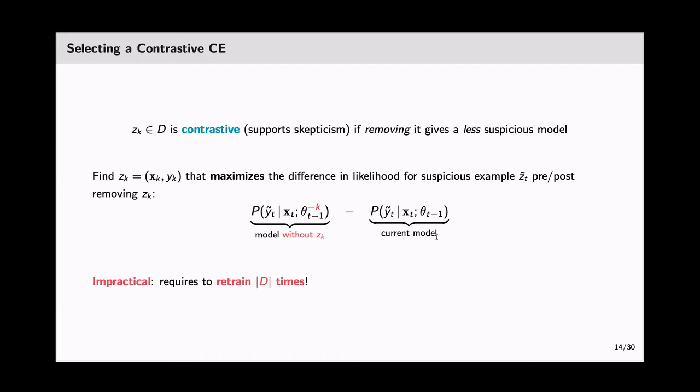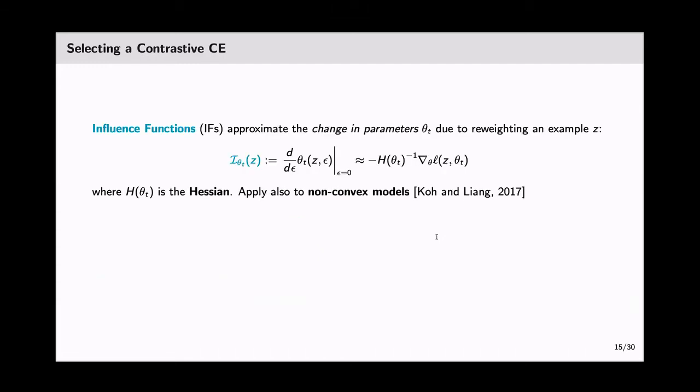So to address this, we can leverage influence functions, which is a tool that is used for robust statistics. And the idea is that influence functions approximate the change in the parameters due to reweighting an example. So by reweighting a candidate counterexample, we see how much is the change in the parameters of the model.